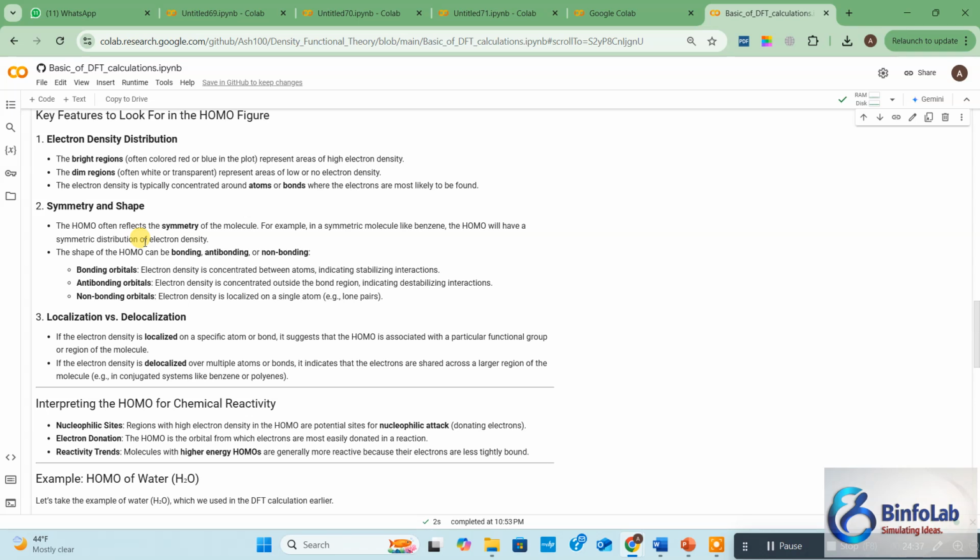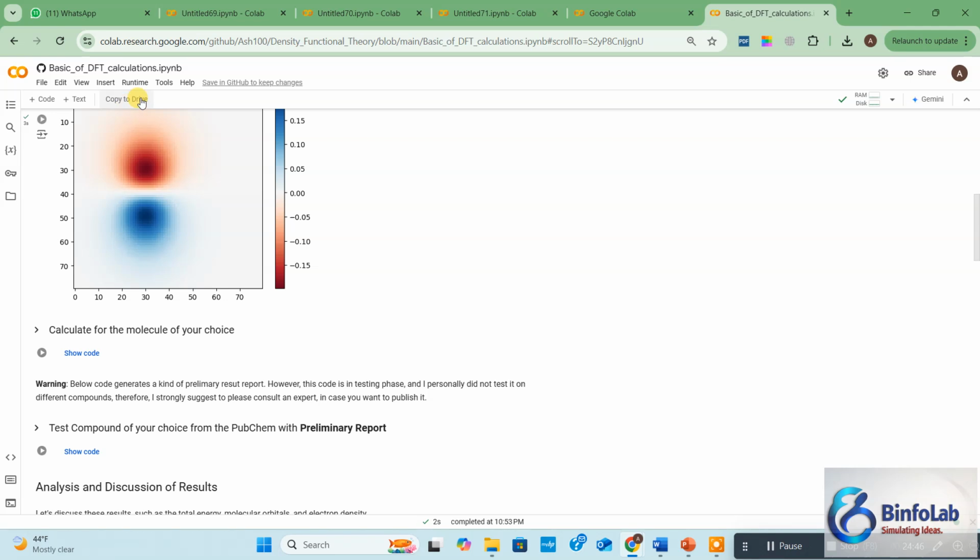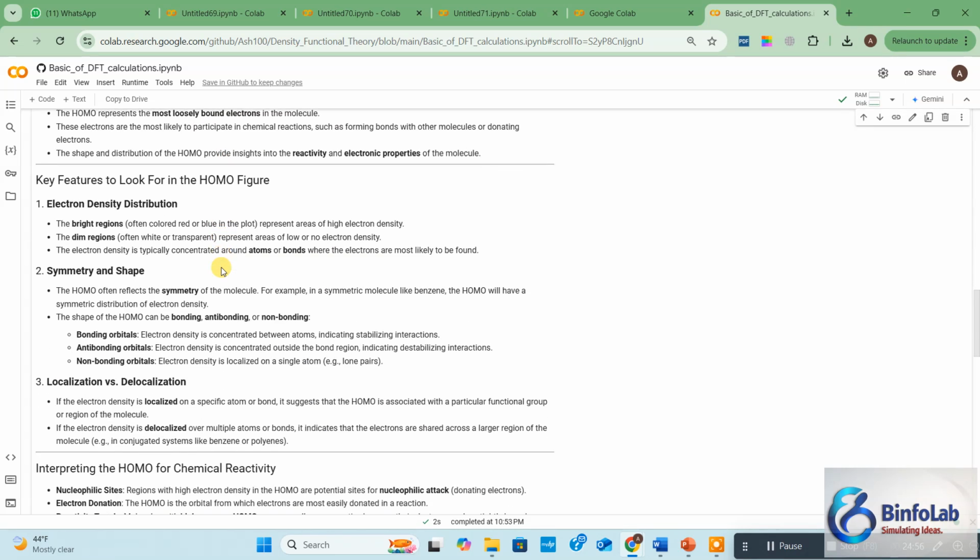In this case, we use H2O, and this is the density of the two lone pairs. So that's why, unlike benzene, it's not symmetric.